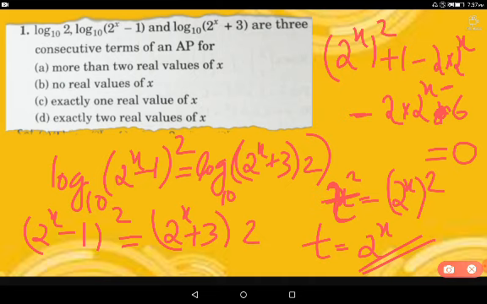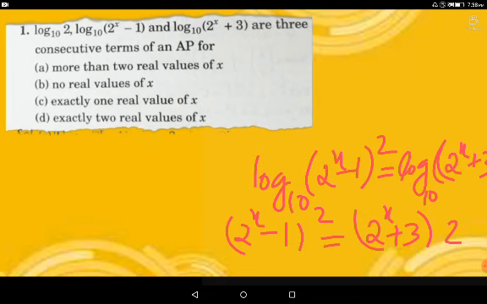When you find the values of t, we should check whether it will satisfy this exponential term. We know that an exponential term will never give you a negative number. If you are getting any negative solution, exclude that and the other will be the solution. You can do it yourself, and if you get the answer, do comment.